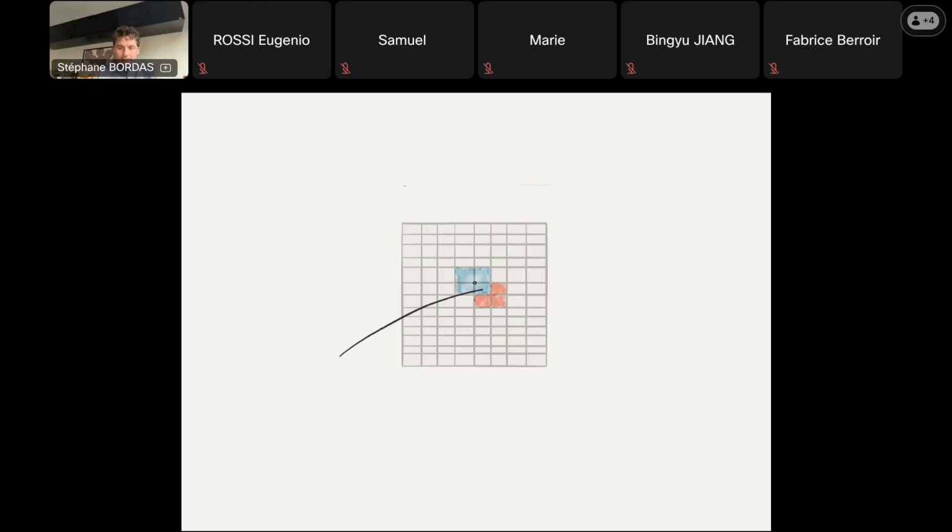Now, what happens next? Is there any other node? Yeah, that one. Anyone else? Yeah, this one. Okay.